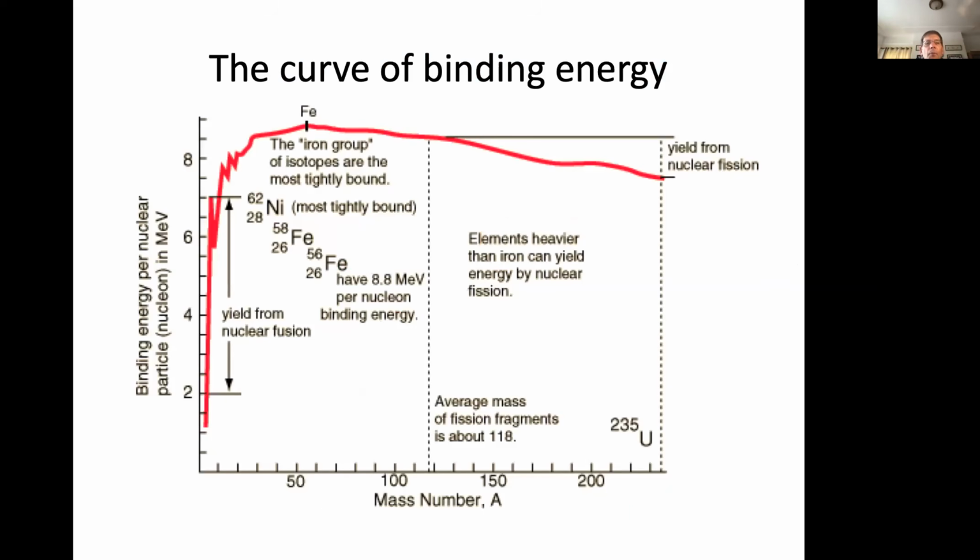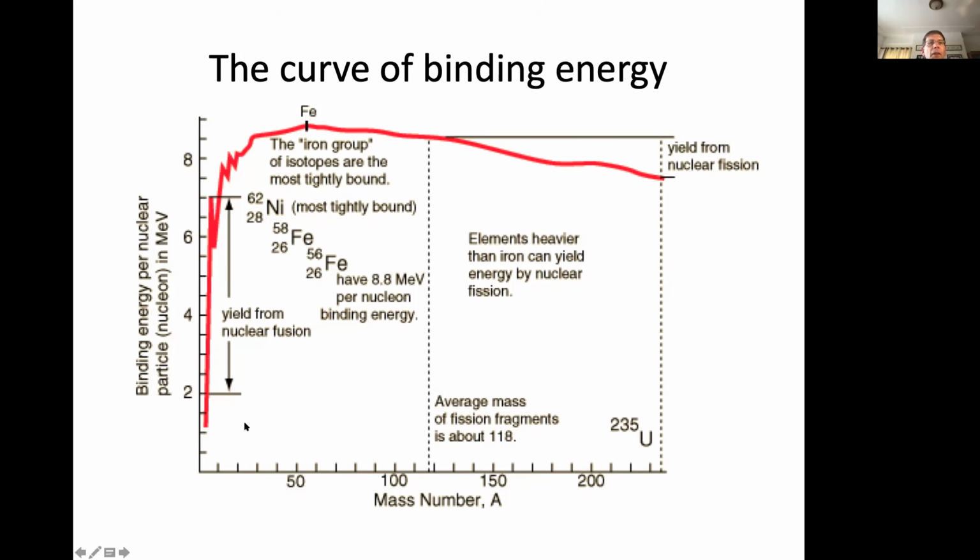All right, if that looked intriguing or puzzling to you, why you were seeing light nuclei with slightly larger or slightly lesser binding energies than carbon, then it got large and then small again, this is what this course is all about. It's called the curve of binding energy.